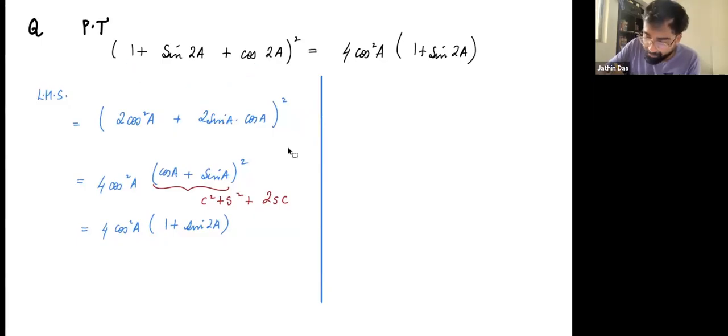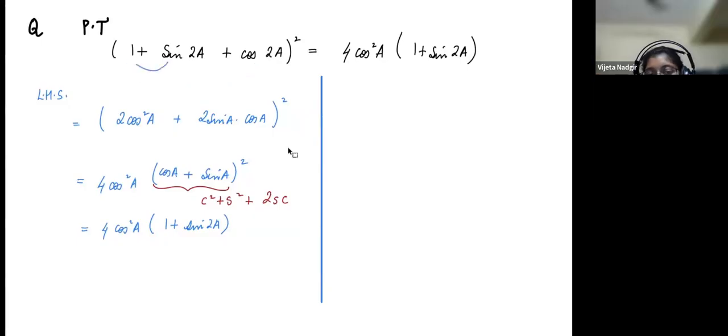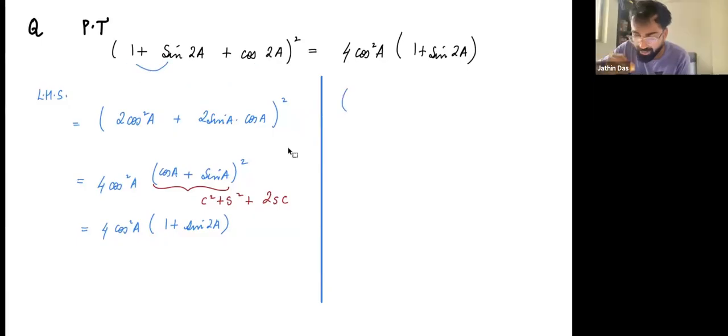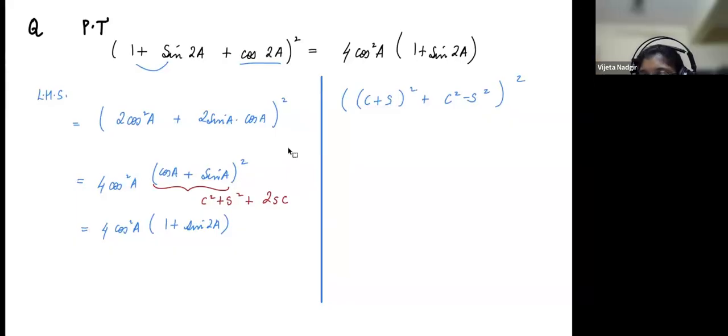They will club the 1 plus 2 sin 2a and they will say, this is mine. So cos plus sin whole square. But then they have no choice. Cos 2a they'll have to take as cos square minus sin square. Now what is common in these two? Cos plus sin. A square minus b square.